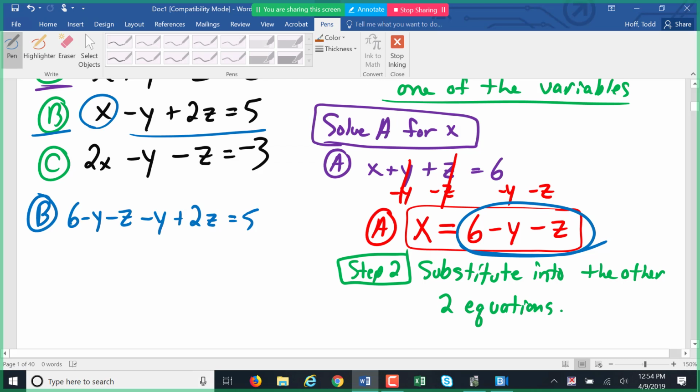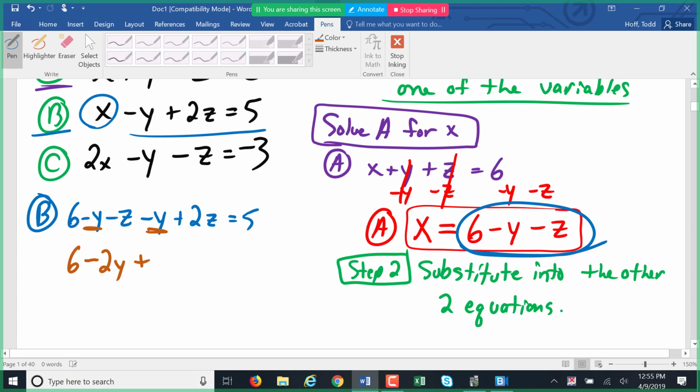Now there's obviously some things we can combine here. We've got the 6. We've got minus y, negative 1y, and another negative 1y make what? Minus 2y. Good. Negative 1z and positive 2z make?